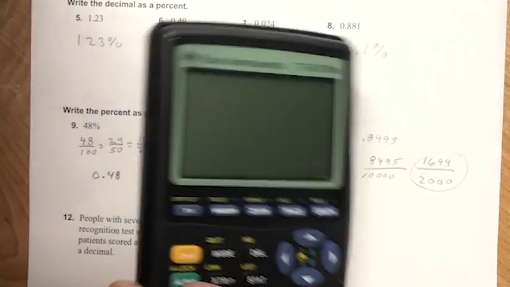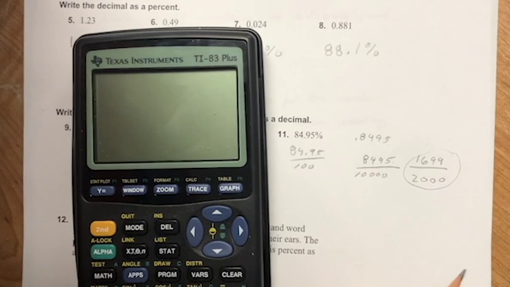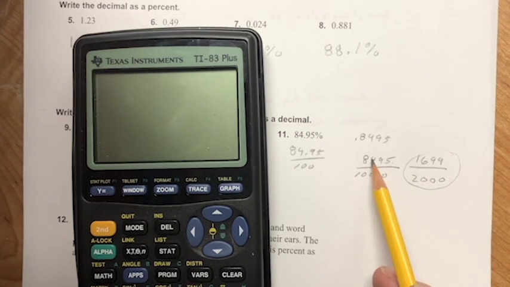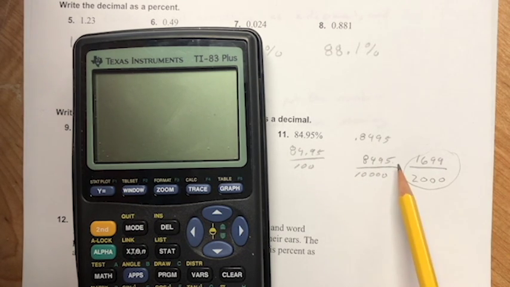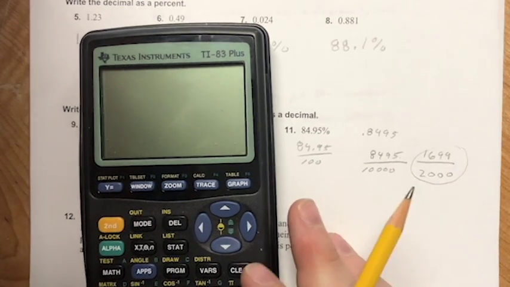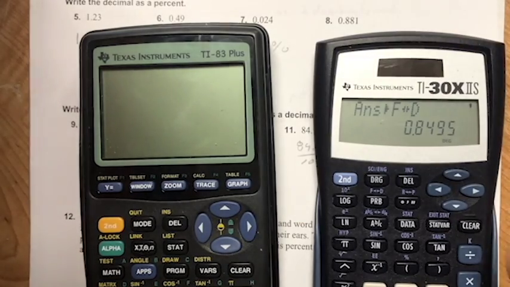I am curious to see if my other calculator will, and we'll try that in a second. But what happens when we do that? Well, when we rewrote this as a decimal, we were able to rewrite it as a fraction, and we saw that it can be simplified by factoring out a 5. And that was what we were able to do manually. But for some reason, this calculator couldn't do it.